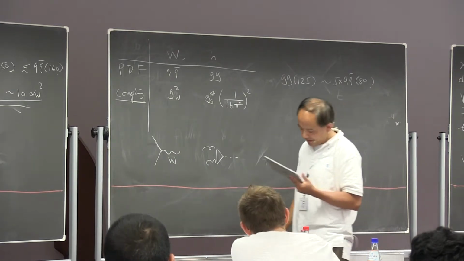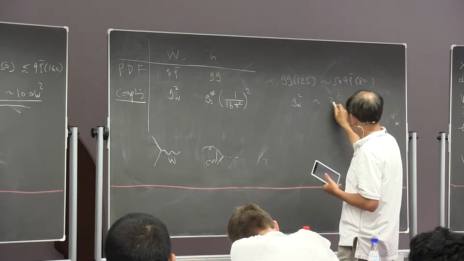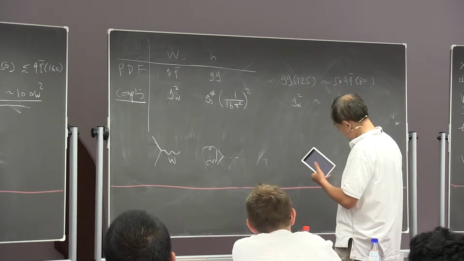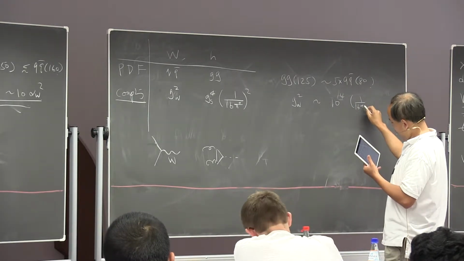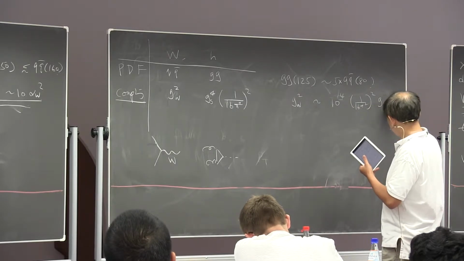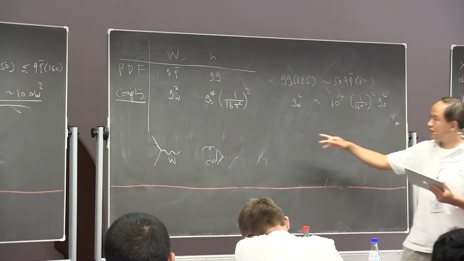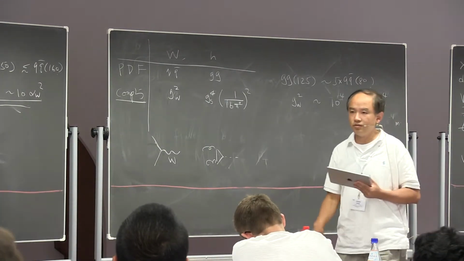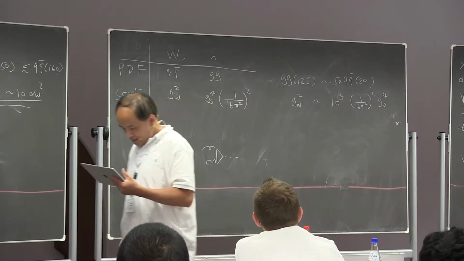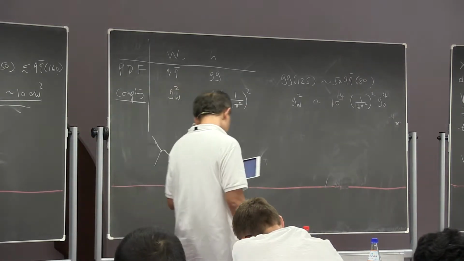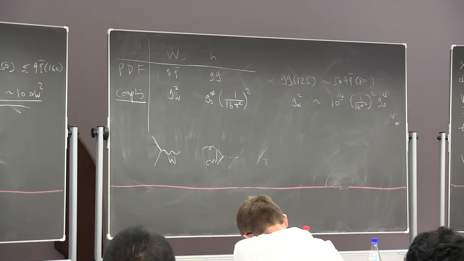And g weak squared is about, let's just call it 10 to the 4th, times 1 over 16 pi squared, times g_s to the 4th. So these two factors give a 4 orders of magnitude difference, roughly speaking. There's slightly more than that. If you put this together, you can understand the difference between these and that, basically.